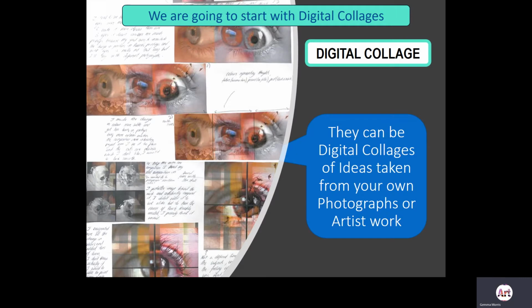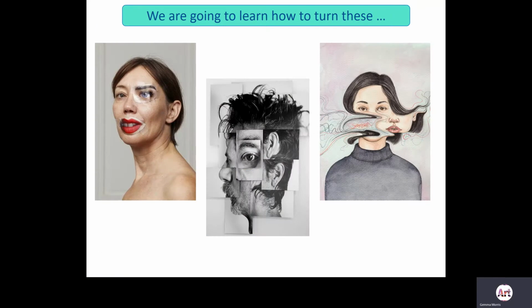Okay, so let's have a look at these digital collages. Composition works, digital collages. So as I said before, they could be images from the artist, images of the photographs you've taken, or secondary source images from the internet, or scans you've done, or photographs of your own work. So over the next couple of weeks, we are going to learn how to turn these, which you'll see in the tutorial.